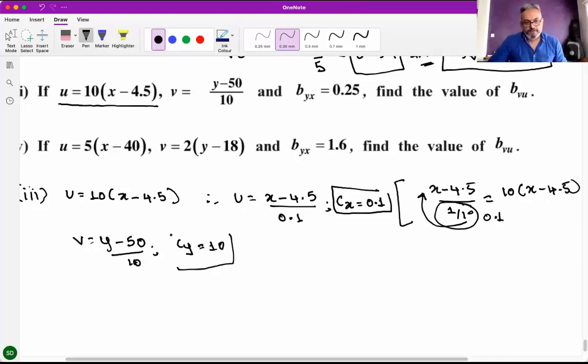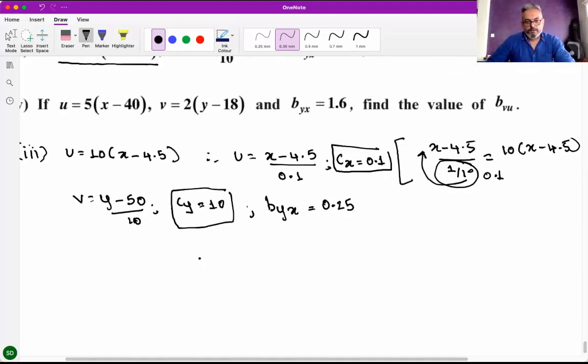So we have c of x, c of y. We have b_yx is equal to 0.25. So now let's do it. Therefore, b_yx is equal to c of y upon c of x into b_vu.